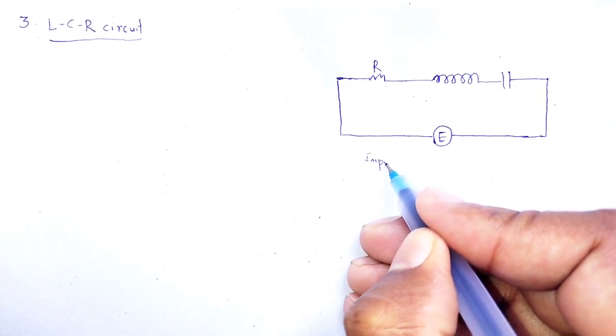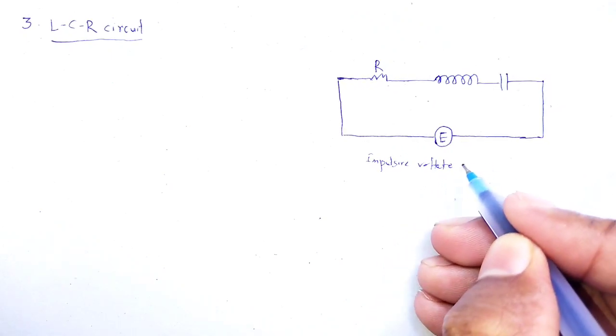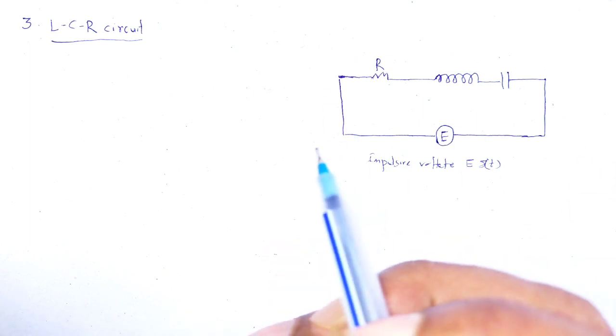Impulsive voltage, which is E into delta t, that is the time.